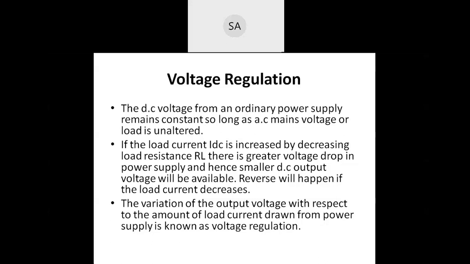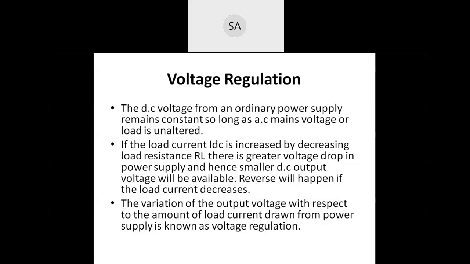So to get a constant DC voltage across the load, if the current is increasing, you have to decrease the load resistance. Otherwise, if the load resistance also increases, then V will increase.